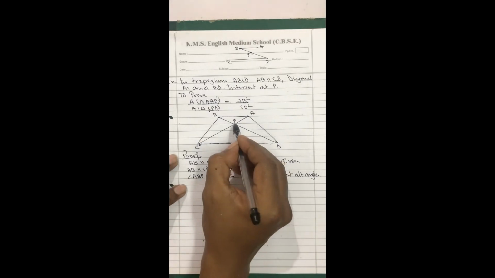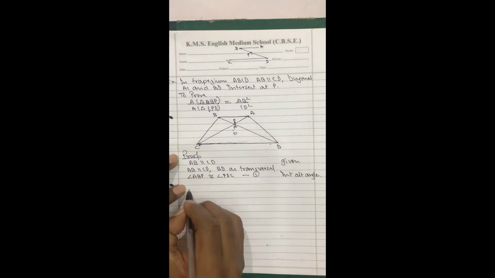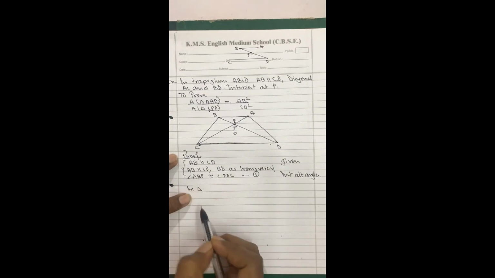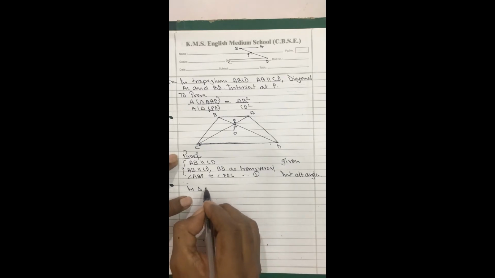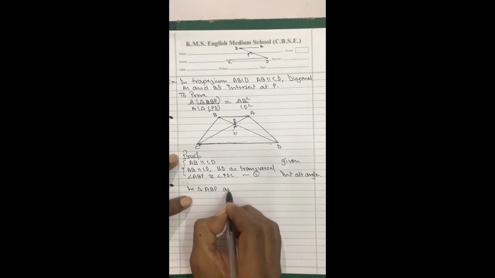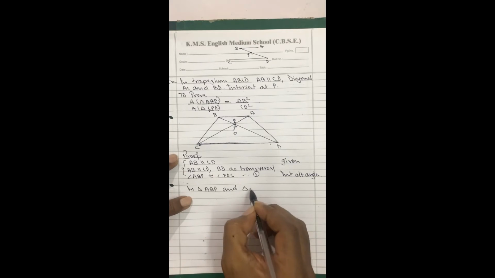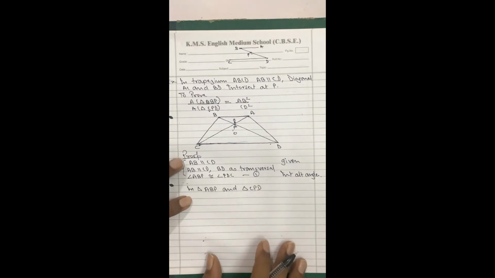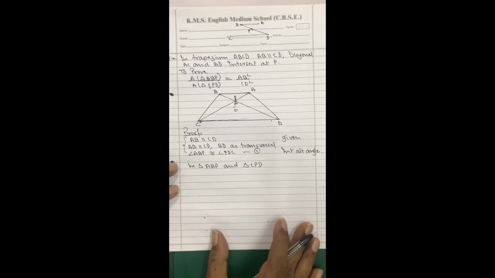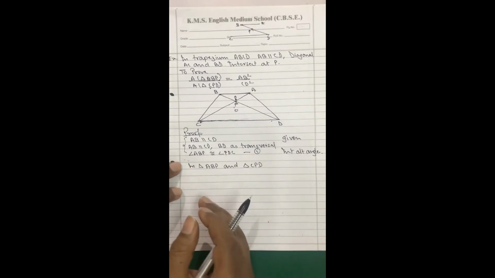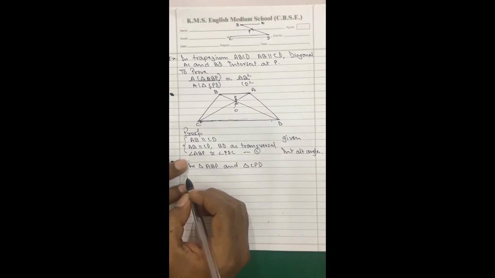Because the rest is actually vertically opposite angles. Now you will start proving in triangle. Always have the habit: one topic is over, so leave a line. In triangle ABP, we are now starting a different topic of comparing two triangles for proving them similar. Presentation makes a big difference when it comes to geometry.